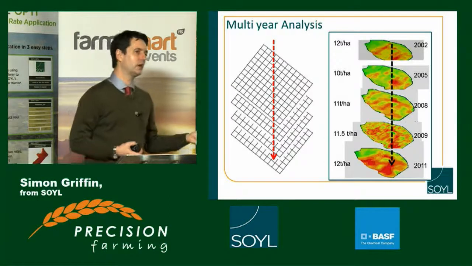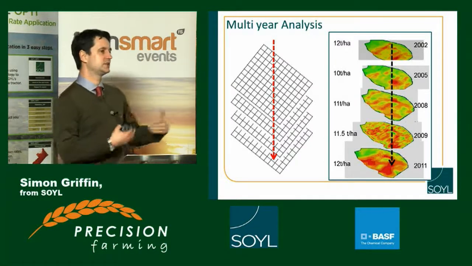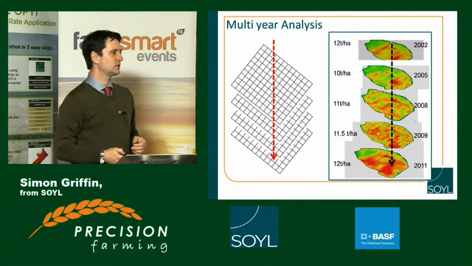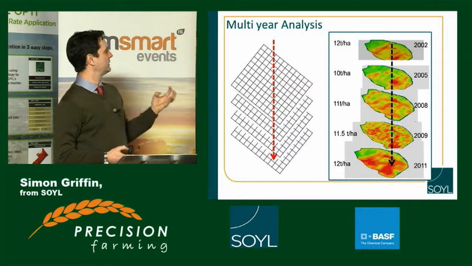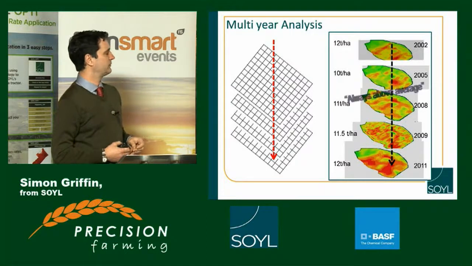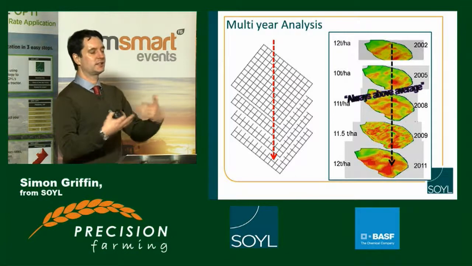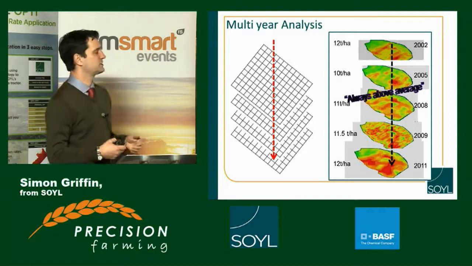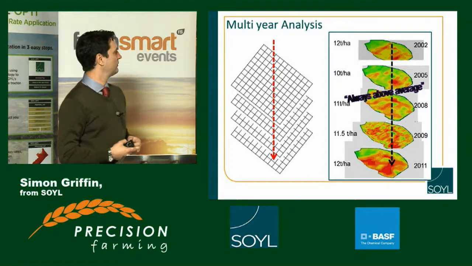Is it always below average? Or does it change? Sometimes it's above average, sometimes it's below average. So we're looking to see where each part of the field is in terms of the annual situation, and then does that trend carry on from year to year? We're looking to measure the stability of each little part of the field.